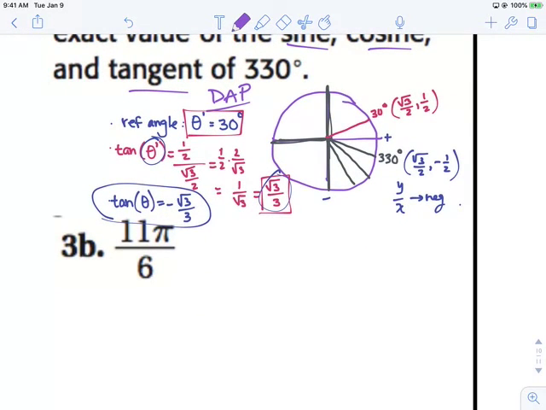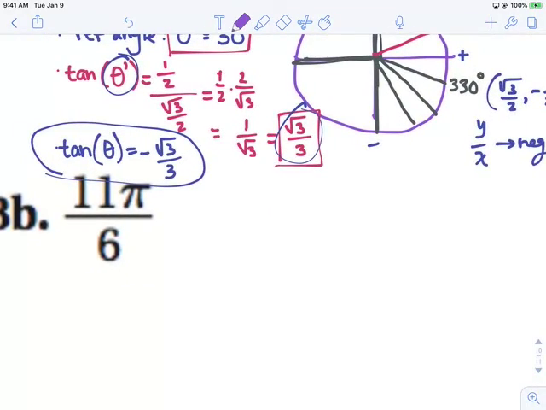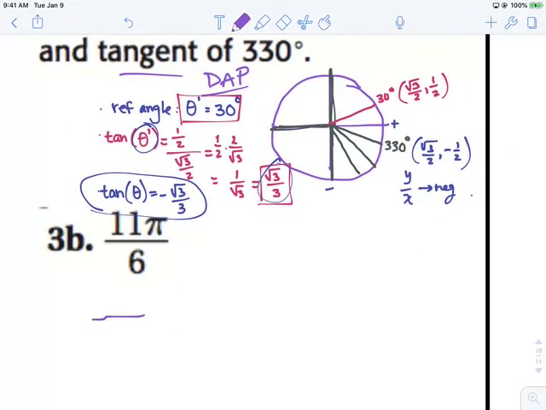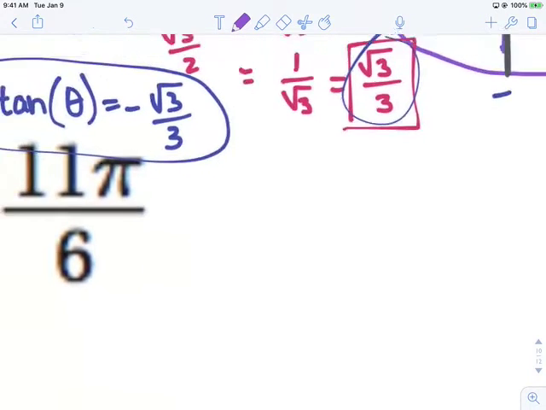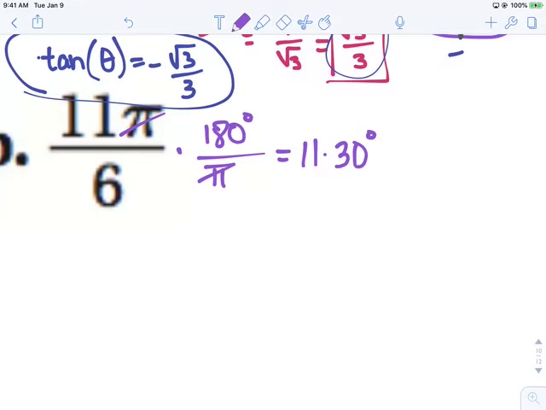Now, let's do it with radians. 11 pi over 6. Let's see what that would be in degrees, since we haven't worked very much with radians. Times 180 divided by pi. Pi cancels. 180 divided by 6, we already did, is 30. 11 times 30 equals 330.